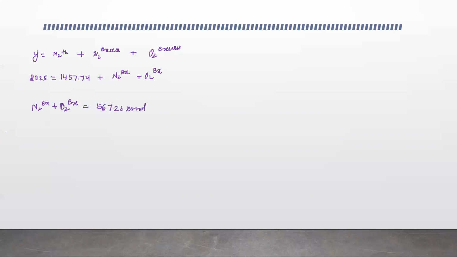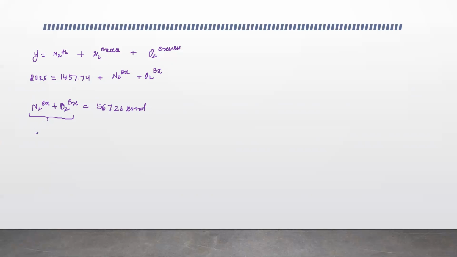Y is 2025, so 2025 is equal to 1457.74 plus excess nitrogen plus excess oxygen. So excess nitrogen plus excess oxygen is equal to 567.26 kilomole, right?